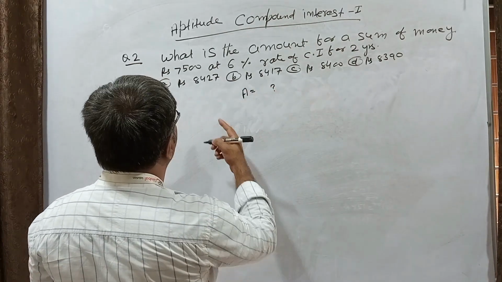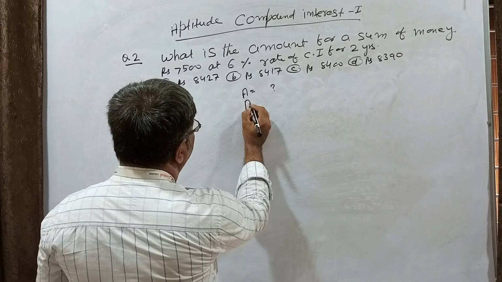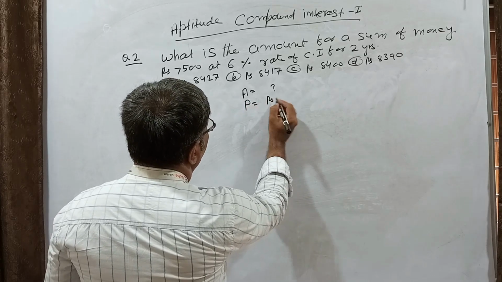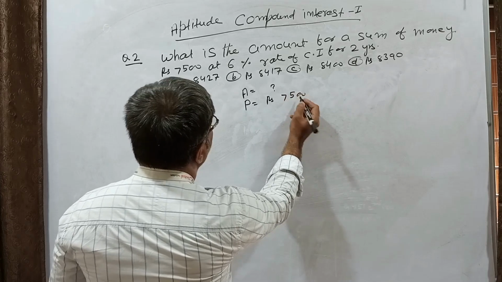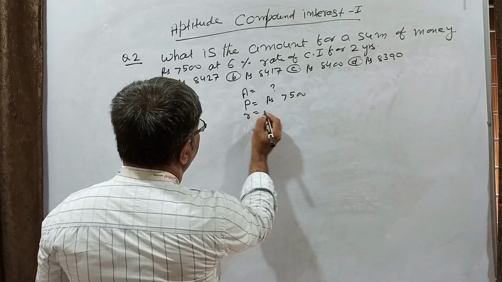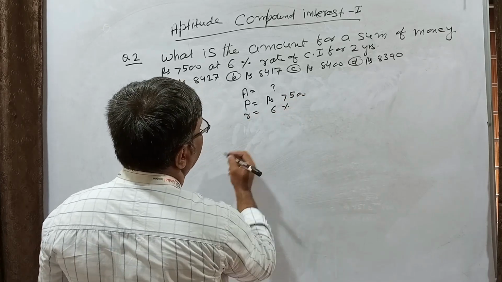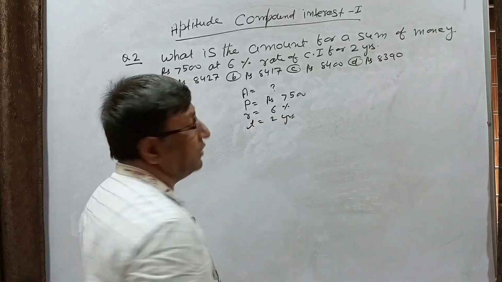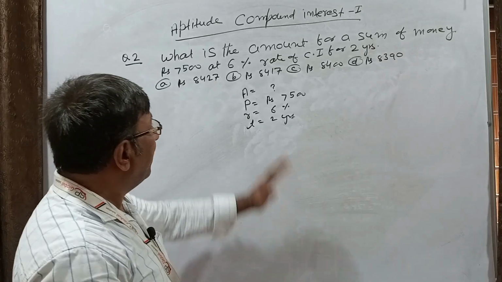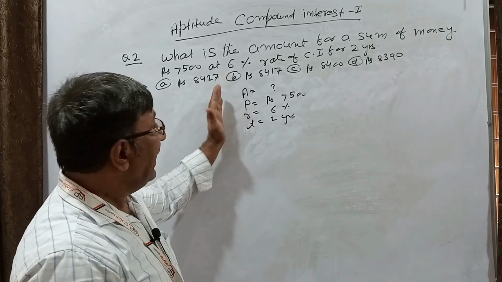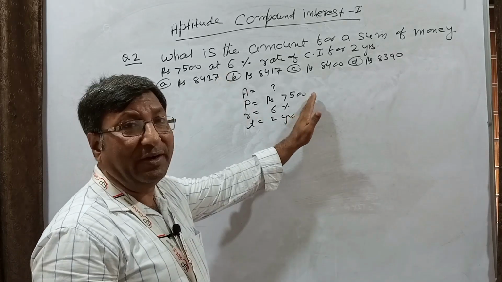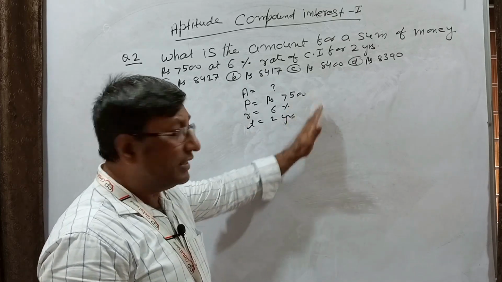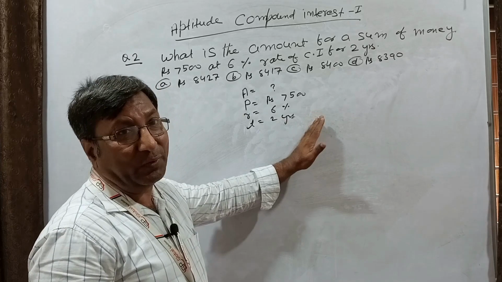Principal is given 7500 rupees, rate is given 6%, and time is given 2 years.